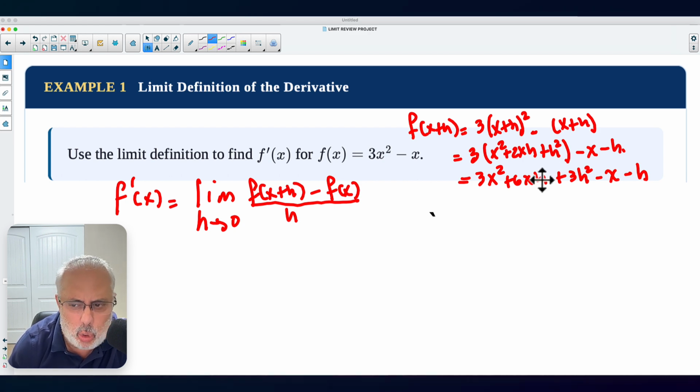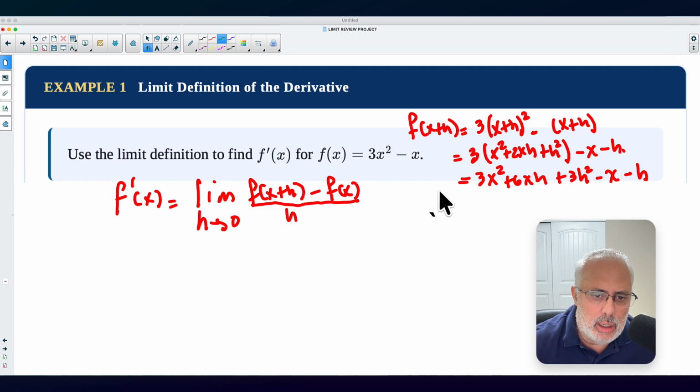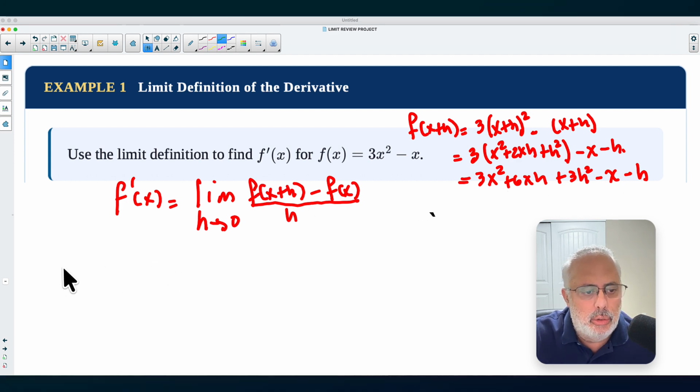So let's put all of that f of x plus h back into the limit structure. Now we are ready to find the limit. So we are going to plug in this expression here where f of x plus h is.